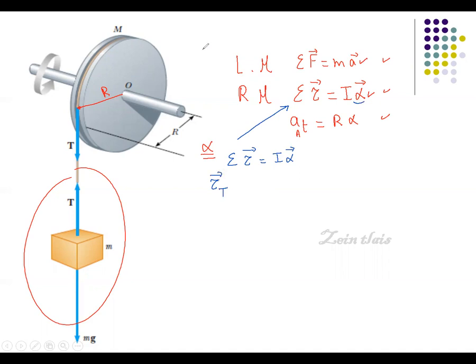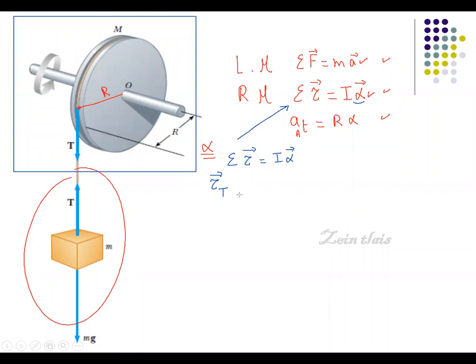I am talking now just about the pulley, where we have the rotation. Tau of T plus tau of the weight of the pulley plus tau of the reaction at the axis equals I times alpha. Here we have the reaction and here we have the weight.